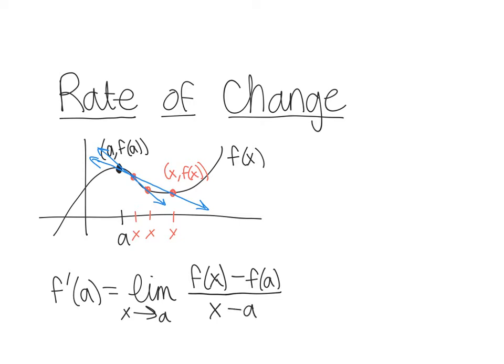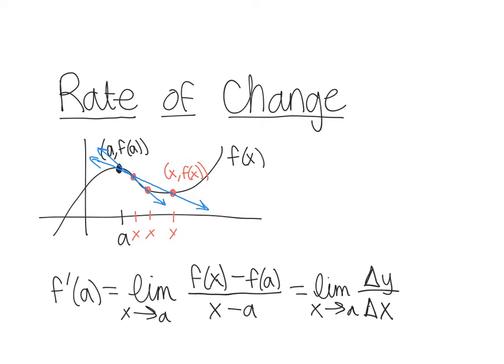Okay, so we had to look at slopes. So it was the limit as x approaches a of the change in y, the change in our function, over the change in the x's.